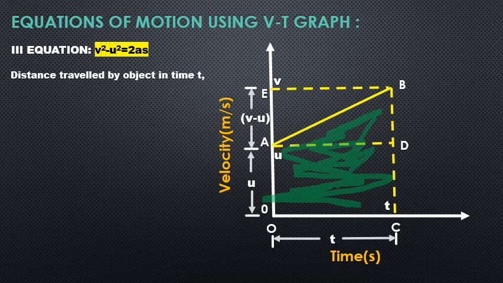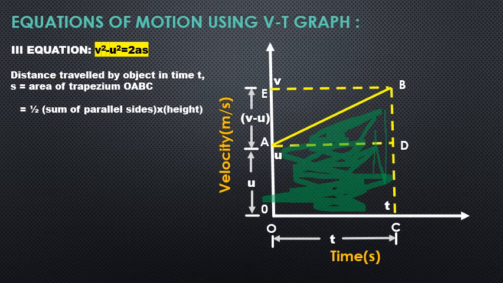But unlike the earlier portion, where we divided this trapezium into two parts, triangle and rectangle, this time we are not going to do that. This time we are writing directly the formula for area of trapezium, which is half into sum of parallel sides multiplied by its height. You must have studied this formula in your lower classes. So we are using that formula here.